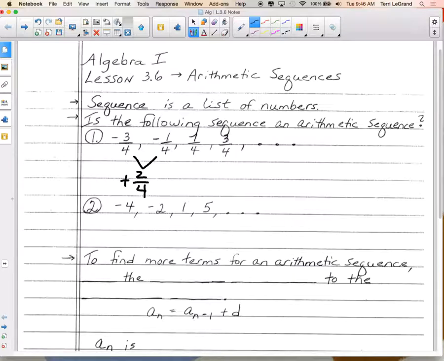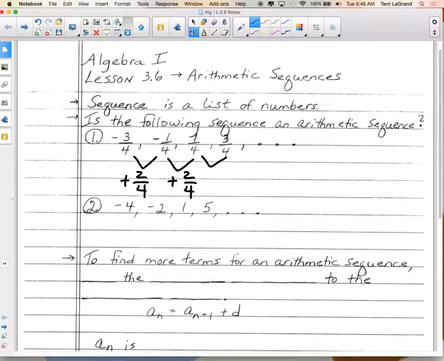But maybe it's easier to see if we write it as fourths, because these are all fourths. So -3 plus 2 is -1. So from -1/4 to +1/4, AJ? Plus 1/2, also known as 2/4. So -1 plus 2 is +1, so it gets us to 1/4.